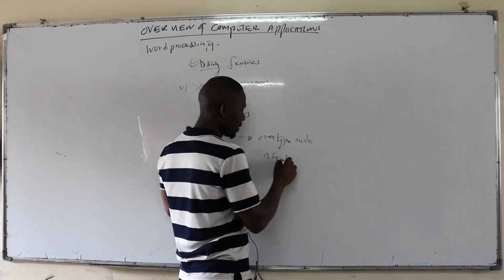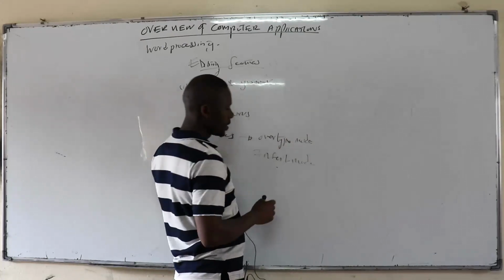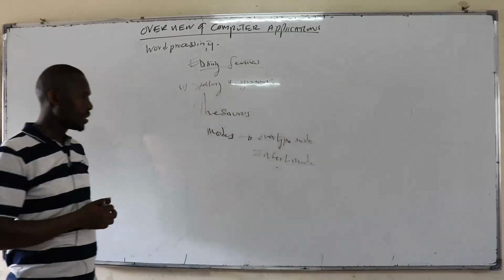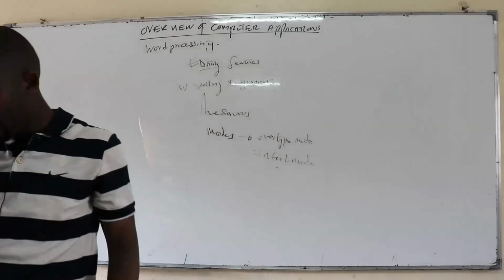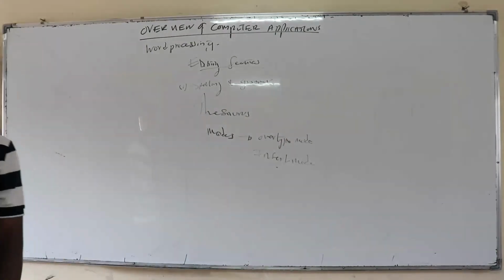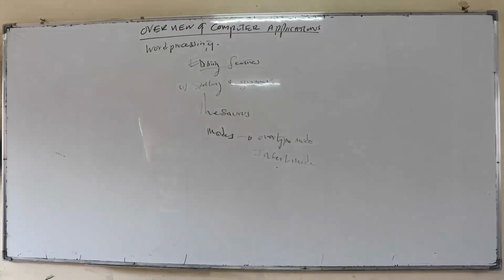In overtype mode, you overtype characters. With insert mode, you do not overtype, but the existing text is pushed towards the corner. These two modes are under editing tools, which we use to make necessary changes to an existing document. Later we need to discuss and see these specific tools.